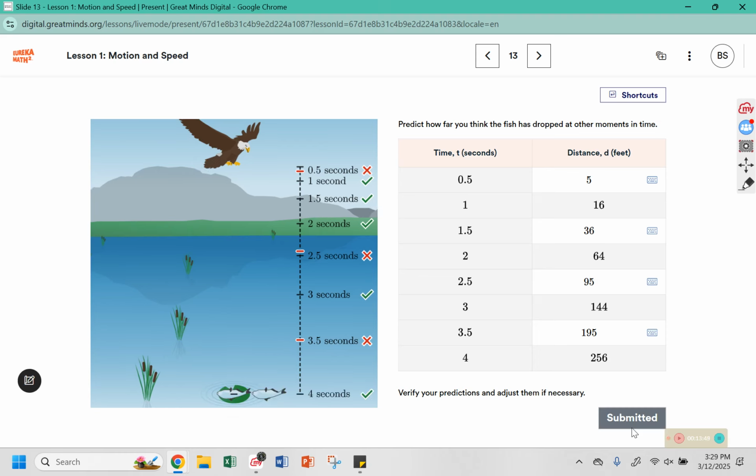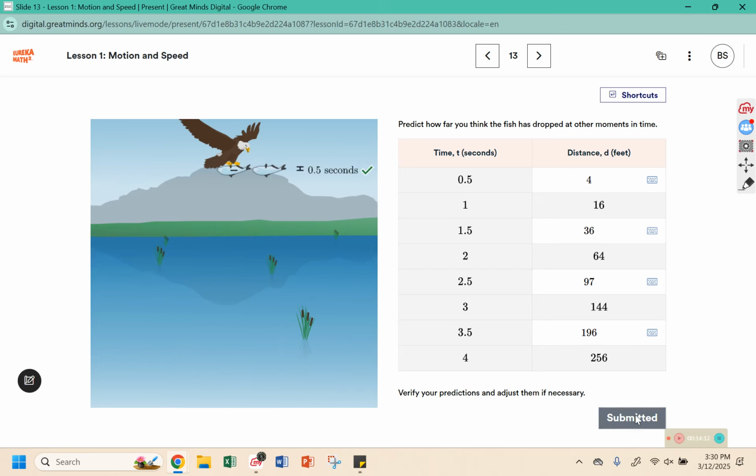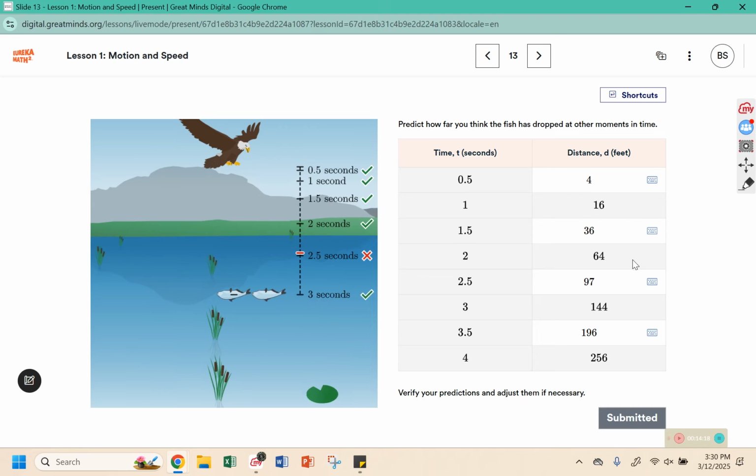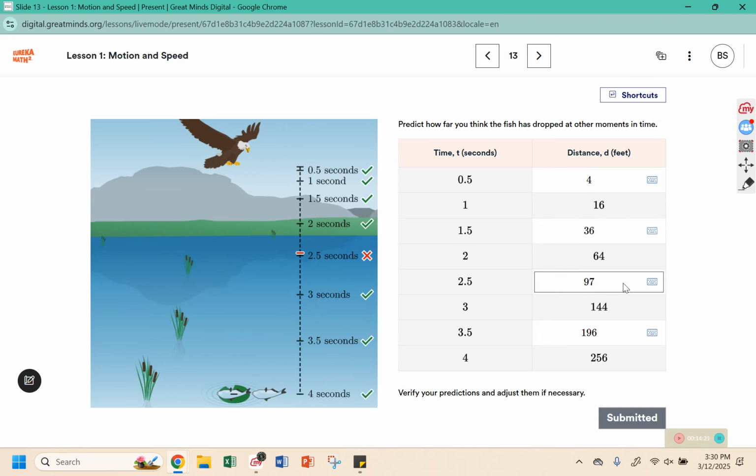I still need to fix a half a second. Let's try 4. 2.5 seconds. Let's try 97. And 3.5 seconds. Let's try 196. So now my half second is right. My 1.5 second is right. 2.5 still needs fixed.